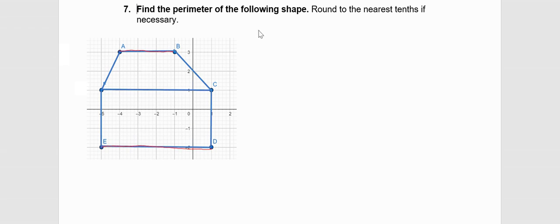So the length of line segment AB can be determined by counting the number of units from point A. So from point A, we have 1, 2, 3 units.